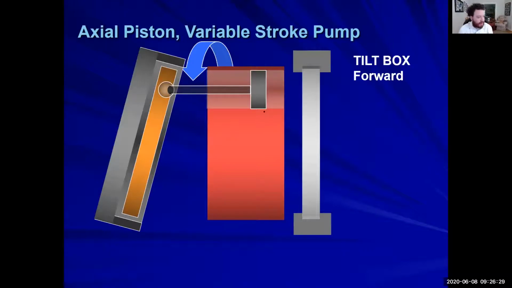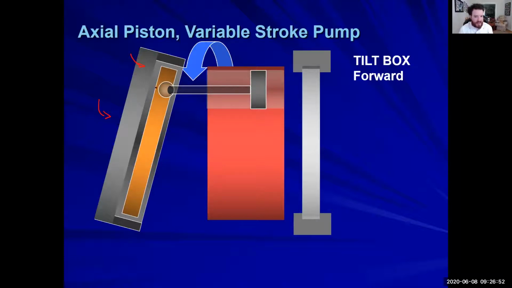Last but not least, to go backwards and to reverse your flow. Remember, we're not going to reverse the speed. We're not going to reverse anything. But what we are going to do is change our tilt plate's direction. We're going to have a forward tilt.